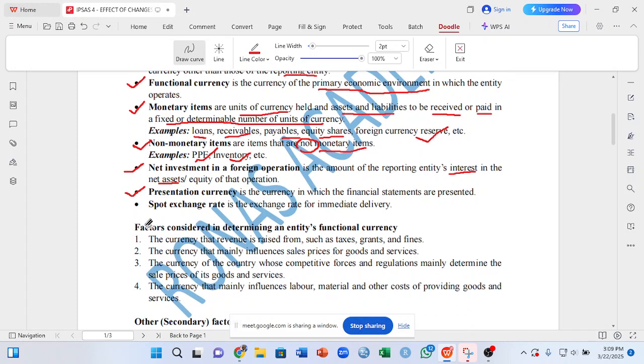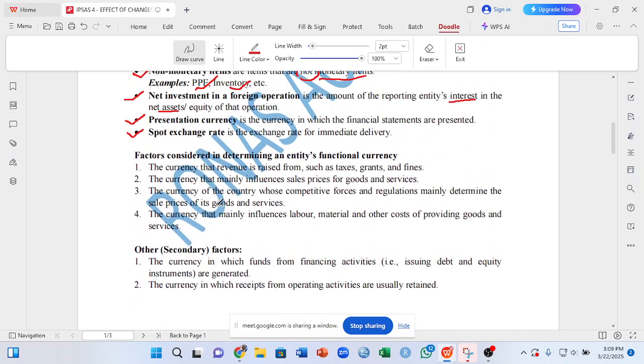And the last one here is spot exchange rate. Spot exchange rate here is an exchange rate for immediate delivery. As at the time of your foreign transaction, what's the rate prevailing there? That's what we call the spot exchange rate.